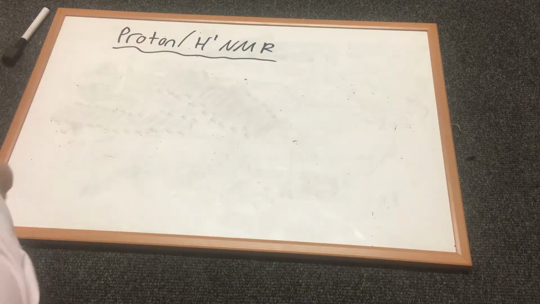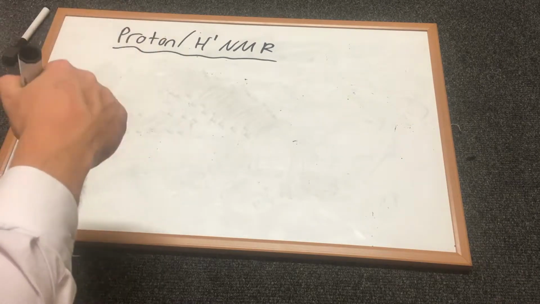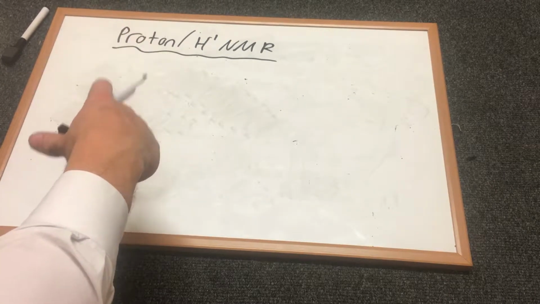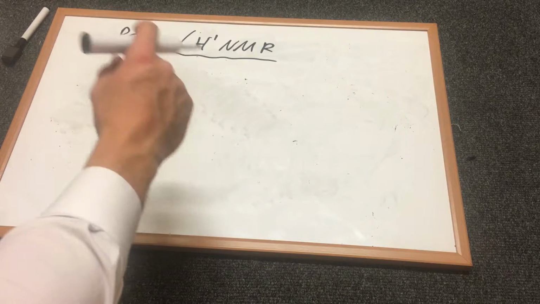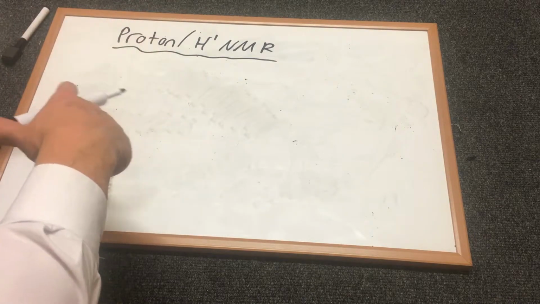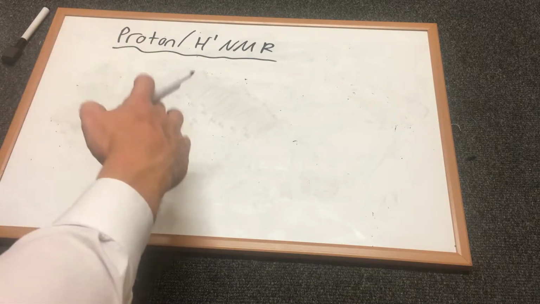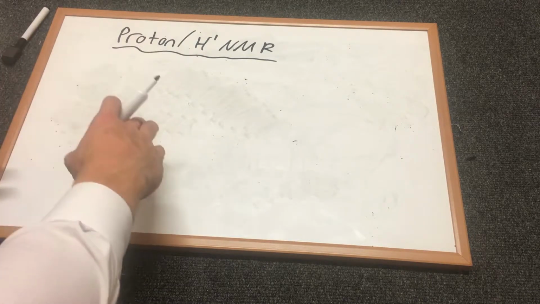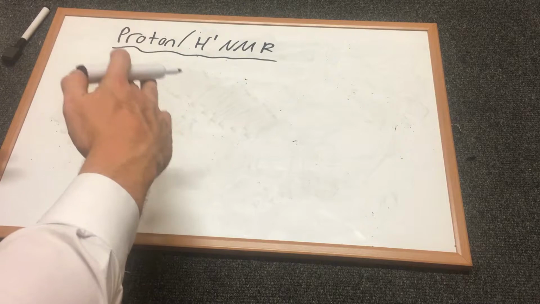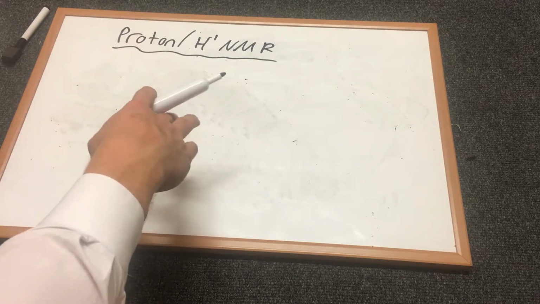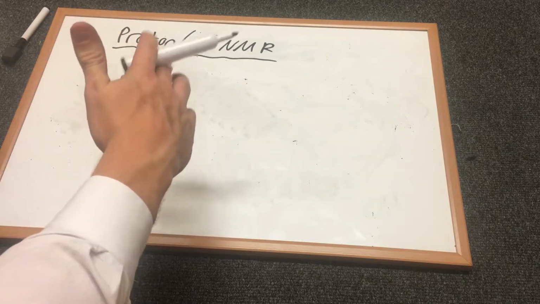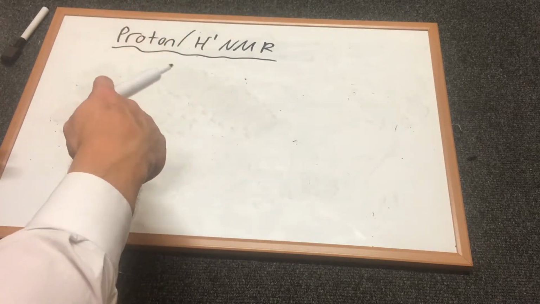Okay, so moving on, I'm going to draw out a molecule, and once I've drawn it, I ask you to pause the video and calculate how many different proton environments there are, and then resume the video and we'll go through it together. I feel this is important to get practice identifying how many different environments there are, because that's a large part of being good at analysing NMR spectra.